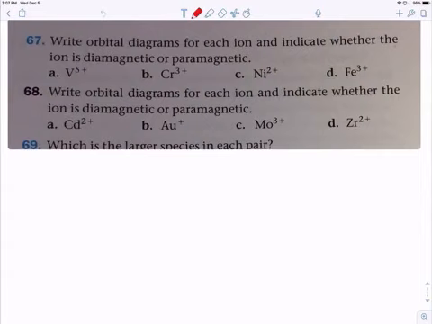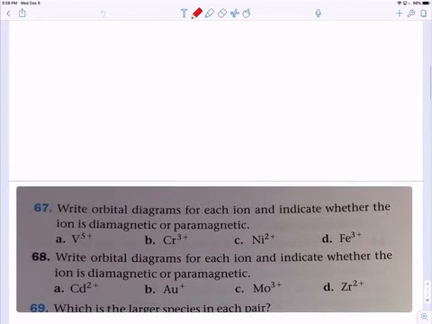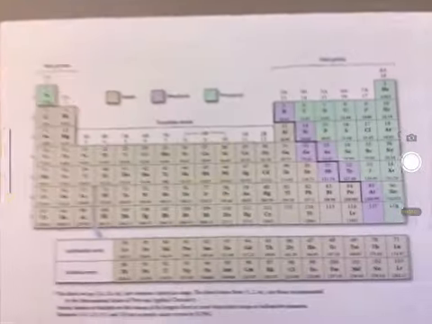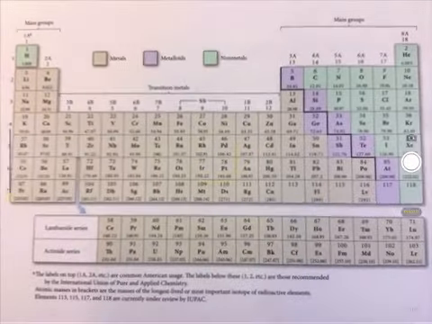Write the orbital diagrams for each ion. Indicate if the ion is diamagnetic or paramagnetic. I was jumping back and forth before, but the screen keeps on disappearing on me. So I will just circumvent that by taking a picture of the periodic table.